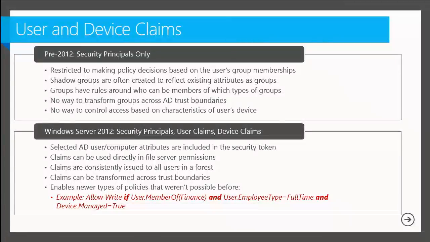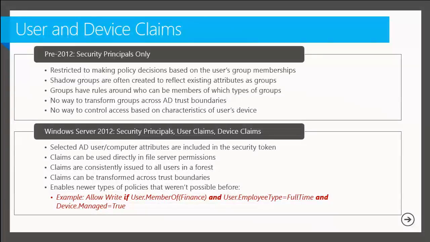Now, in Server 2012, we extended the concept of the user token to include user claims and device claims. Now, there's already been a concept of user claims out there for a long time. This is not something that we just came up with real quick here. But effectively what we did is we codified it into AD.